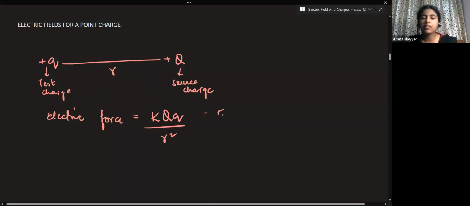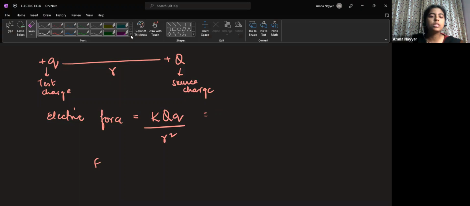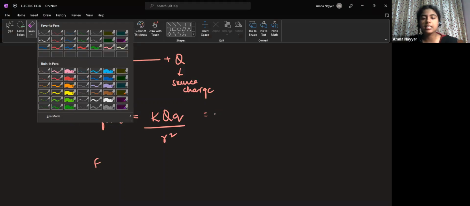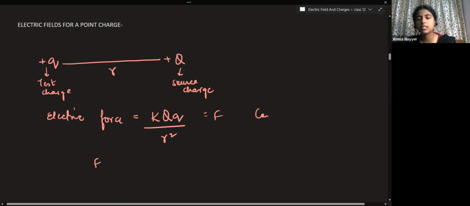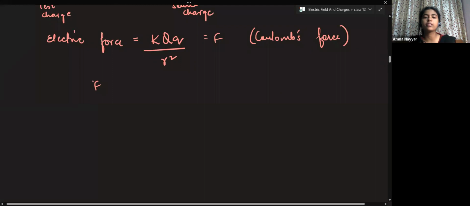Now this is electric force, not electric field. According to Coulomb's law, we have this as the electric force. So this is Coulomb's force.